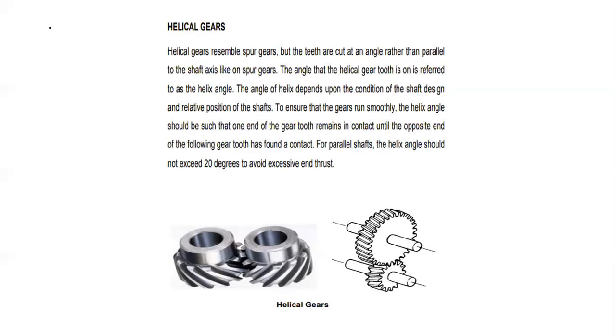So these helical gears are used when the vehicle is to be moved in the backward direction. At that time the movement of the wheel should be in the opposite direction. There you can use the helical gears. This is the last topic in gear drives.